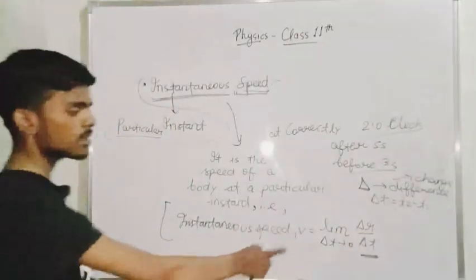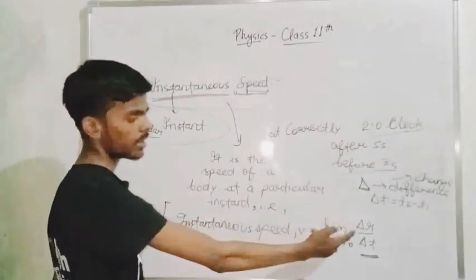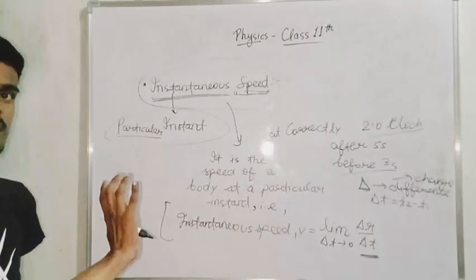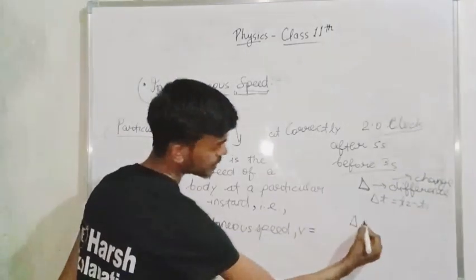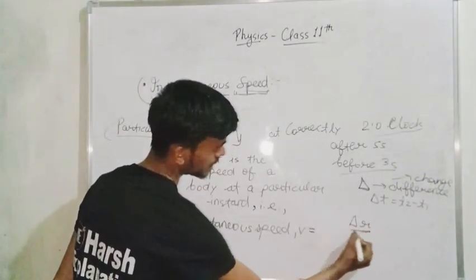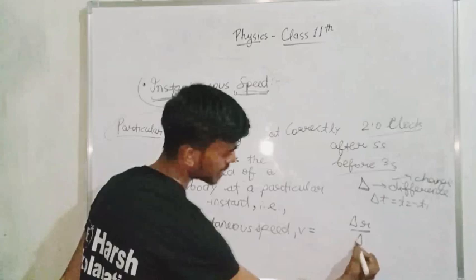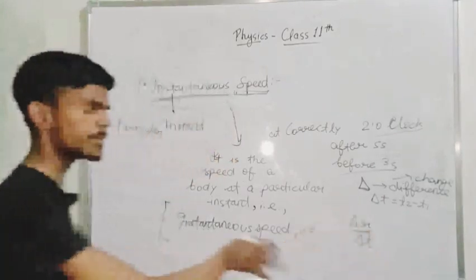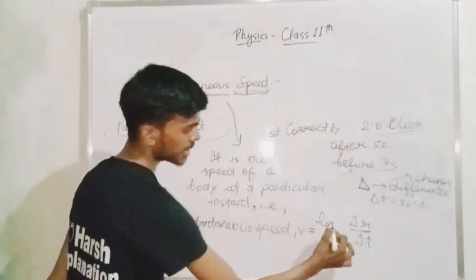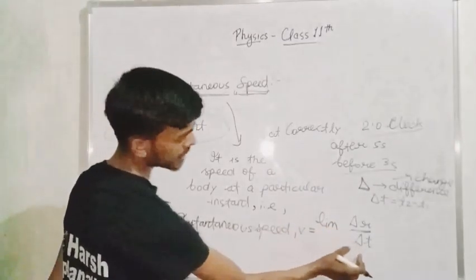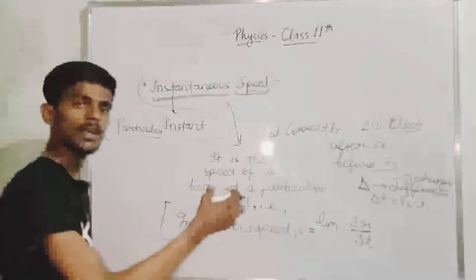Delta r represents the total distance. It is the same as distance upon time, but here the values are taken at the moment when our time tends to 0, meaning the change in time is 0.